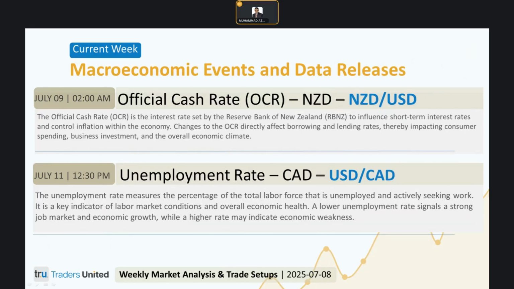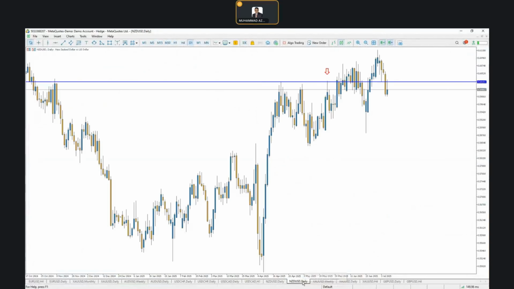Traders will also focus on the tone of the Reserve Bank of New Zealand statement and forward guidance for future rate path clarity. Now, the possible market impact on the NZD USD currency pair is that if the OCR is lower than expected, like if the rate changes and becomes less than 3.25%, then a surprise rate cut would suggest increased concern over slowing growth or disinflation.